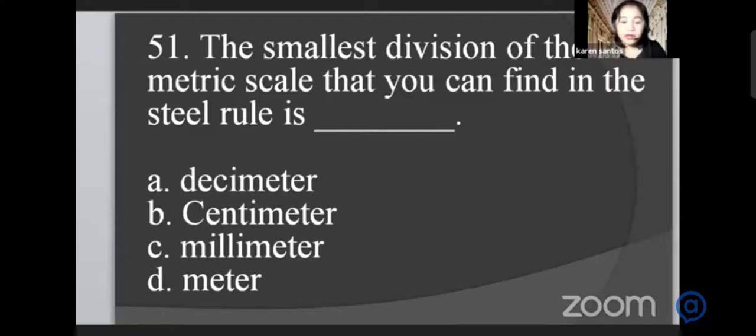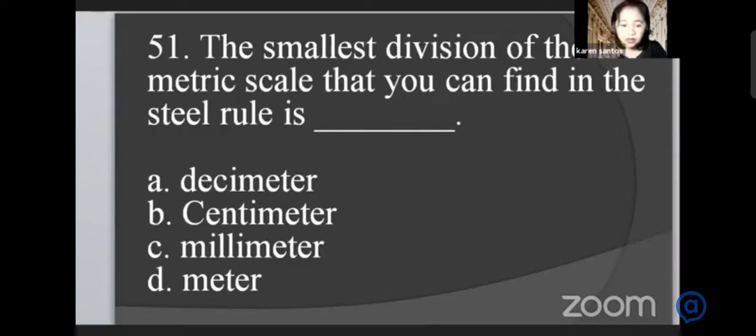Okay, so the correct answer is letter C, which is the milliliter. We use milliliter to measure something that is very small. This is the smallest division in the metric scale.